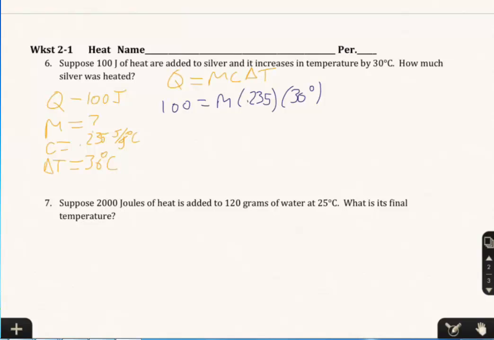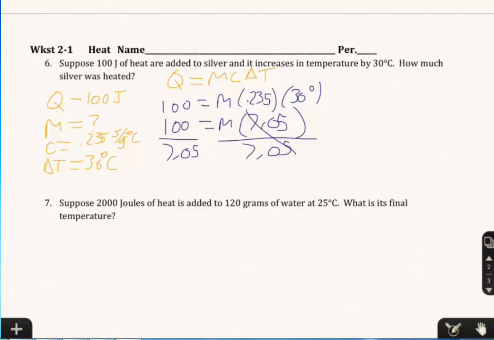Okay? So I'm going to rewrite my equation. 100 equals M times 7.05, and then I've got to divide both sides by 7.05, and when I do that, that cancels and I'm just left with M all by itself.